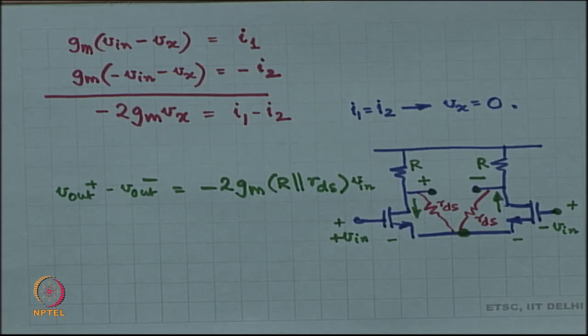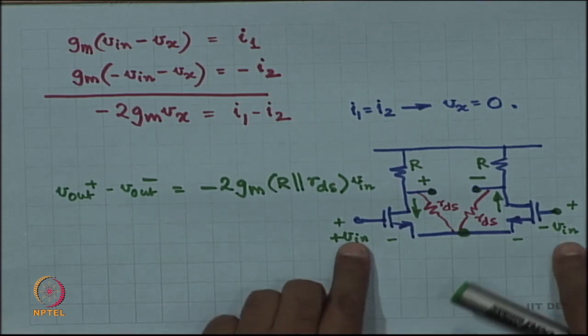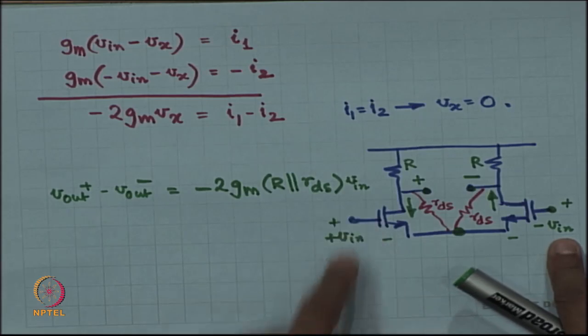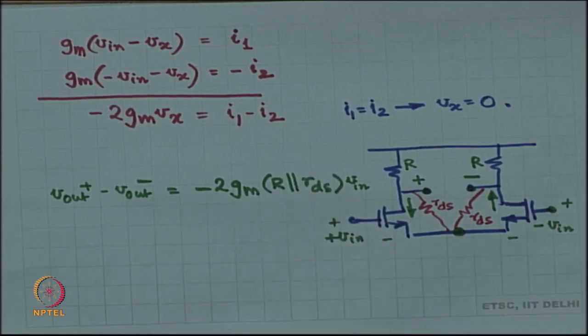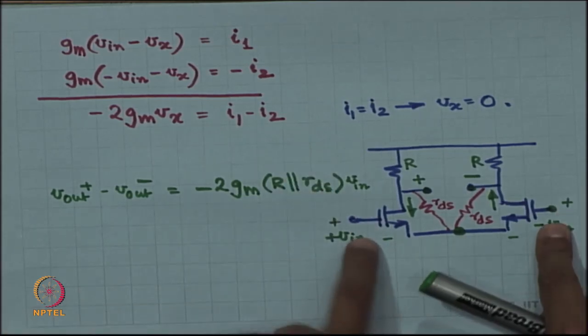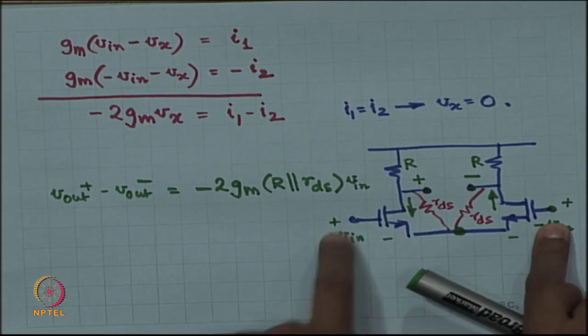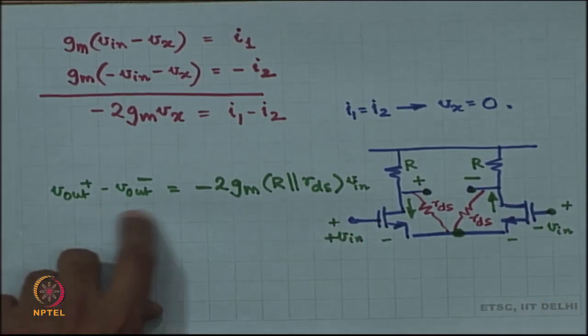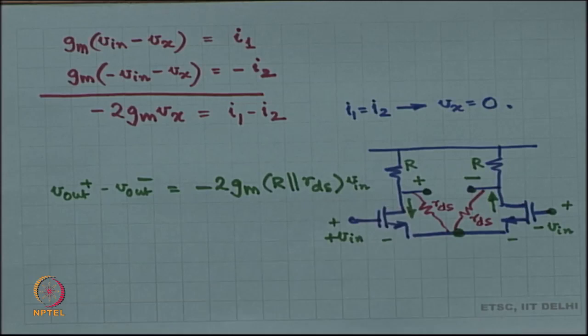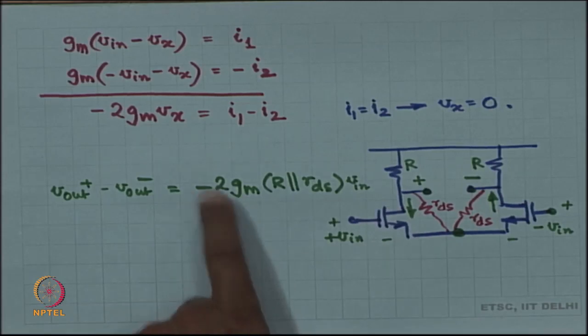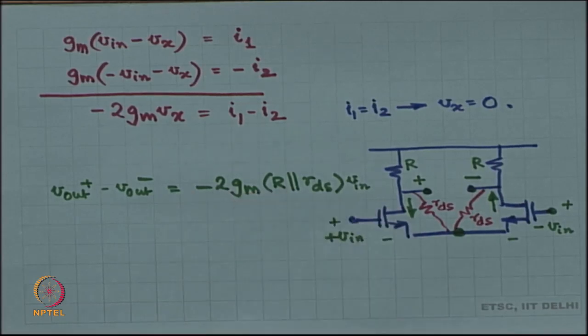Of course, your input differential signal is 2 times V in over here, because one was increased by V in, the other was decreased by V in. So, the difference between the two inputs is 2 times V in, which means V out plus minus V out minus divided by the differential input is nothing but minus G m R in parallel with R d s.